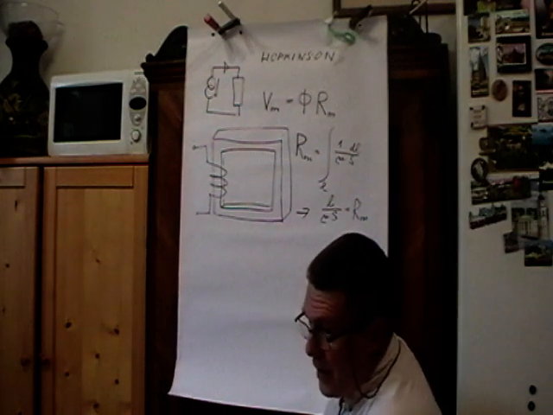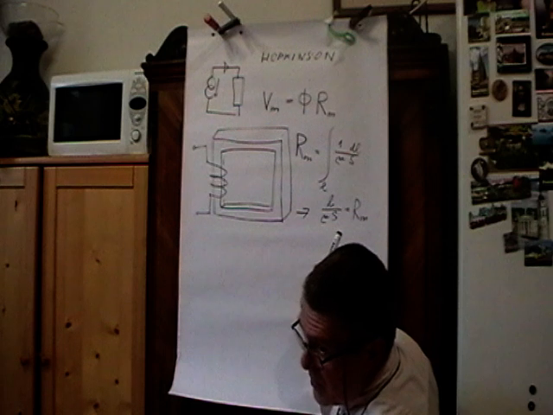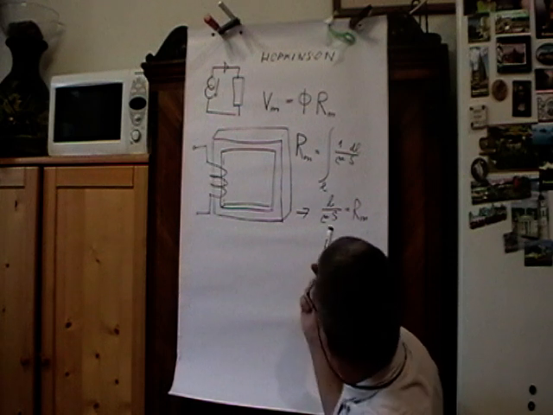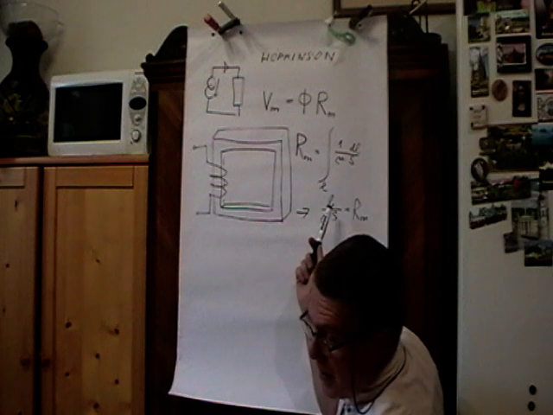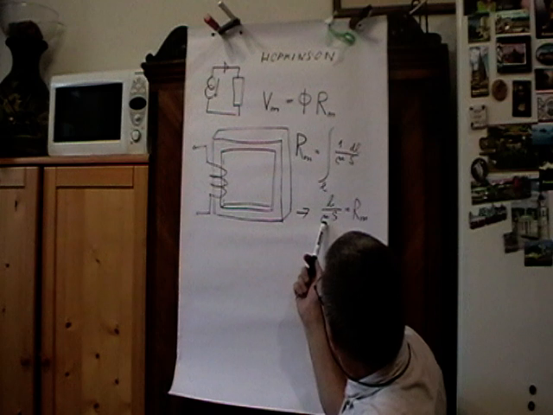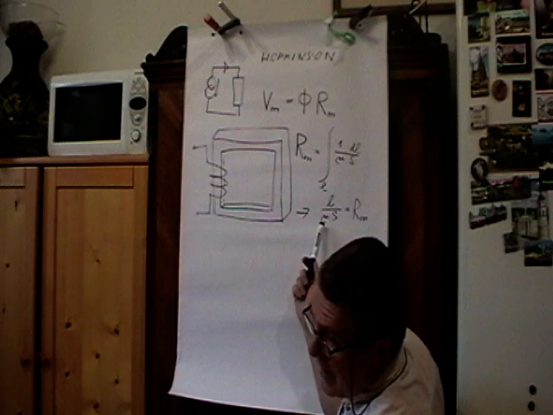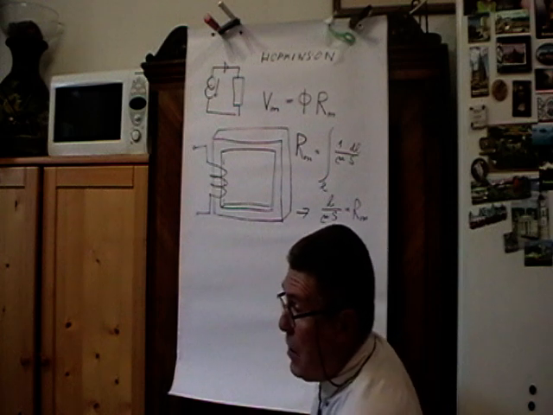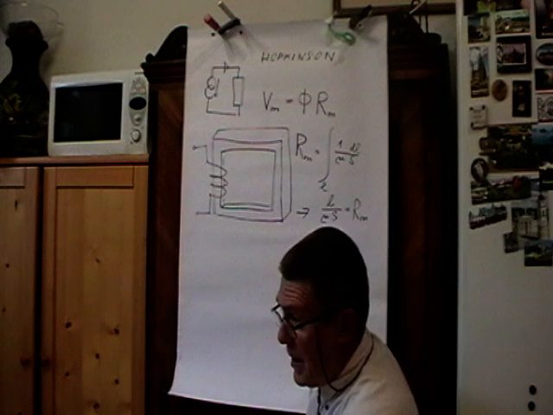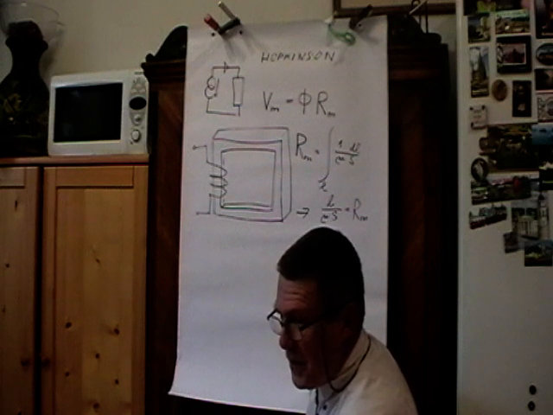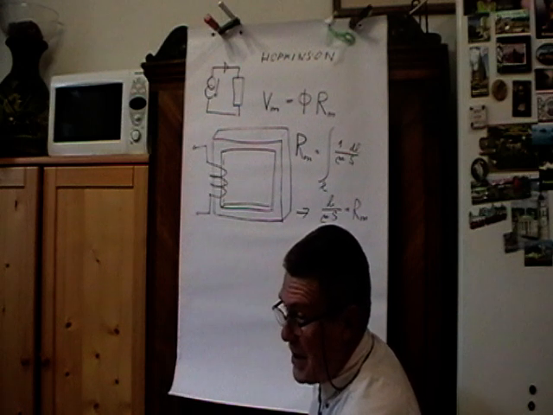Now we know that the reluctance would be given as a ratio between the length of this loop in the numerator, and permeability and cross section in the denominator. Now this is quite simple.